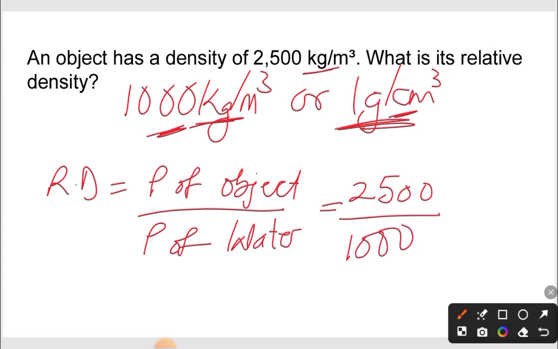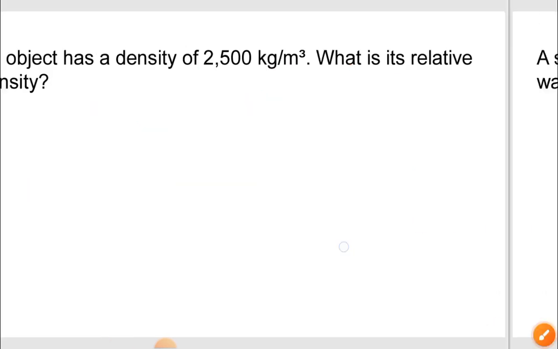So when you punch this on a calculator, you're going to have 2.5. Now take note, relative density does not have a unit because the kilogram per meter cube for this, the kilogram per meter cube for this will cancel out. So take note, relative density does not have units. So that's it for this question.